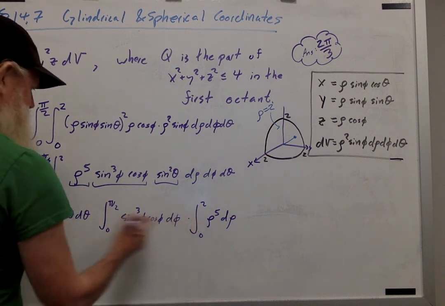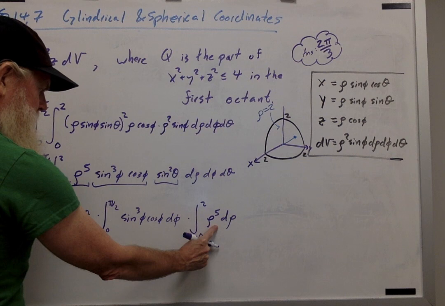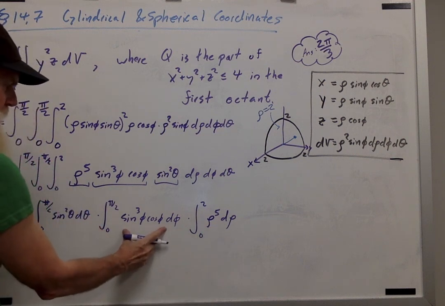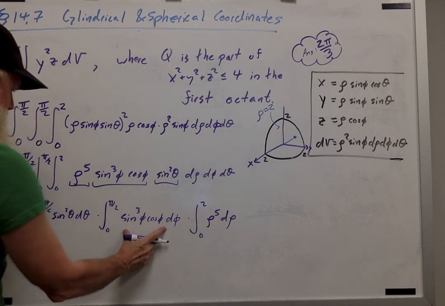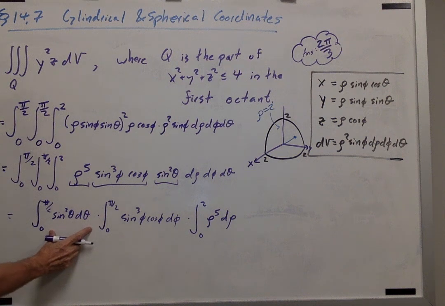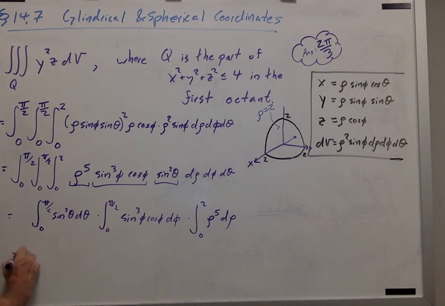So this last integral is just the power rule. The middle one is a u substitution, and the first one is going to involve a power reducing formula. So let's do some scratch work and figure out what each of these is separately, and then we can substitute back in over here.